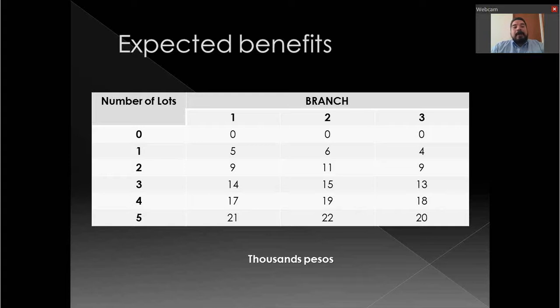For example, if we assign 3 lots to branch 1, we are having a benefit of 14,000 pesos. If we assign 1 lot to branch number 2, we have 6,000 pesos benefit. And if we assign all the 5 lots to branch number 3, we are having a benefit of 20,000 pesos.